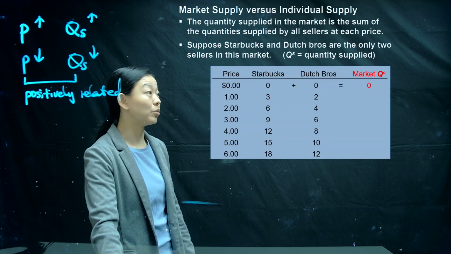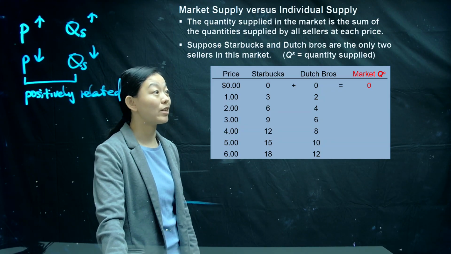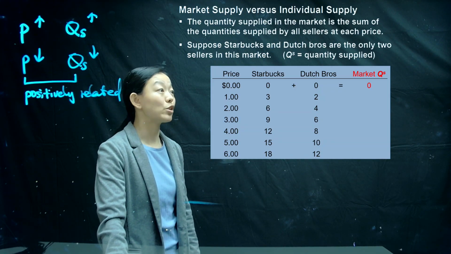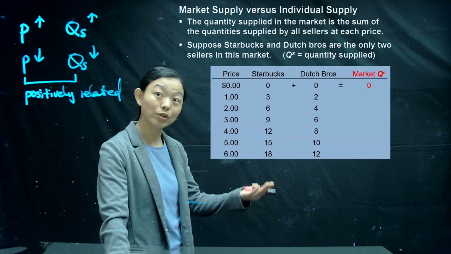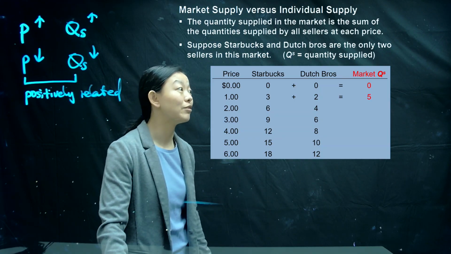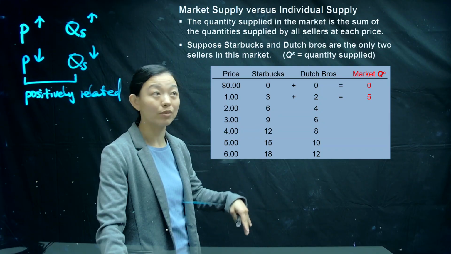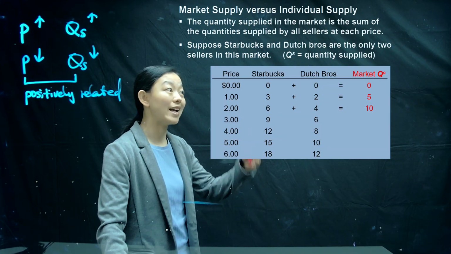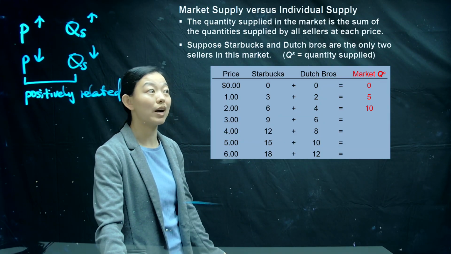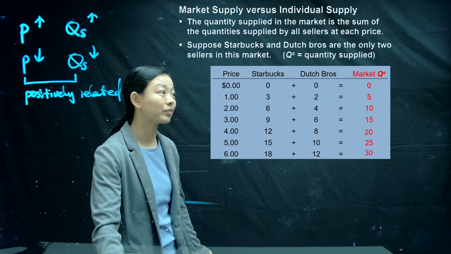When the price increases to $1, Starbucks would like to offer 3 units, Dutch Bros would like to offer 2 units. Then in total the market supply will be 5 units. Okay, etc. You can see as the price increases, the market supply also increases.